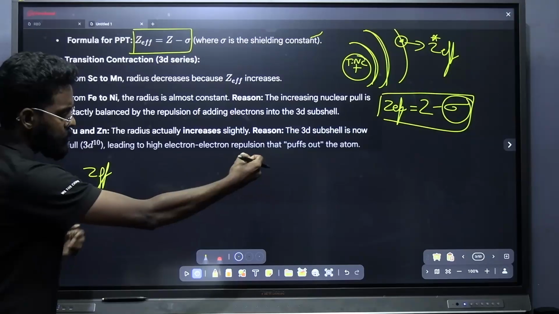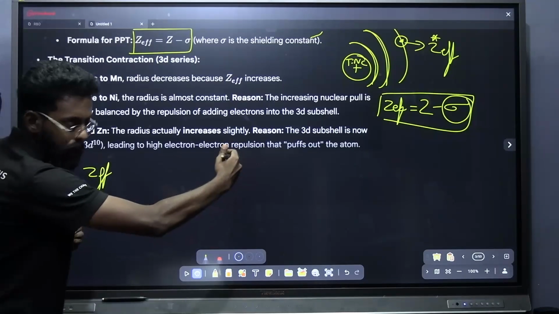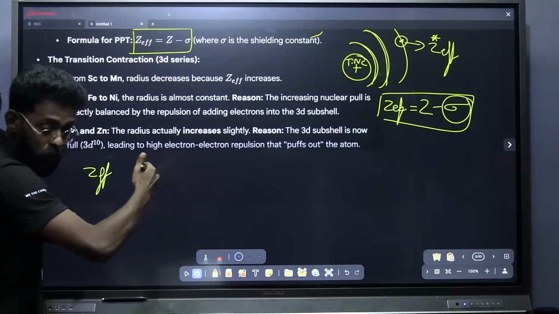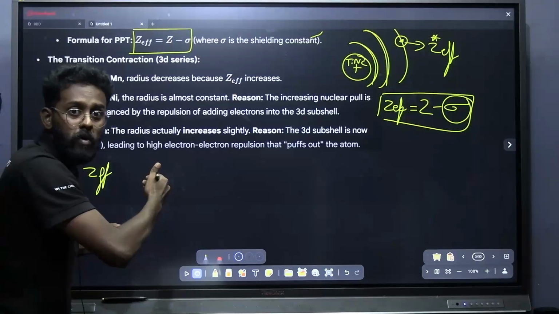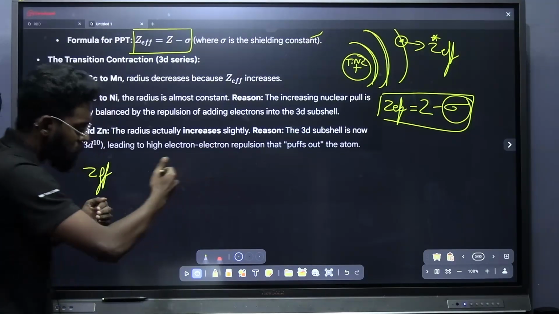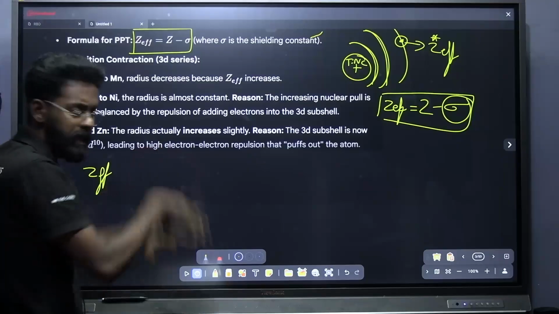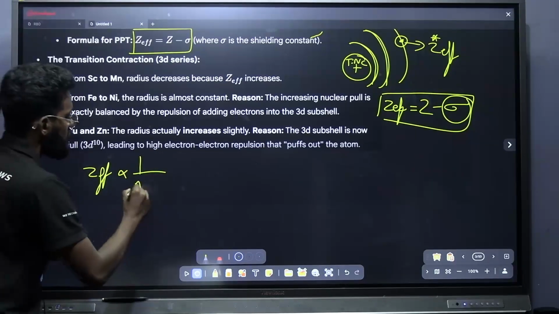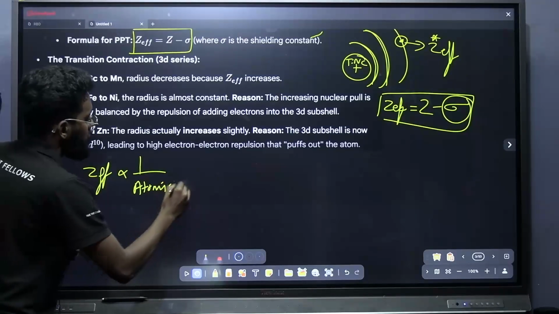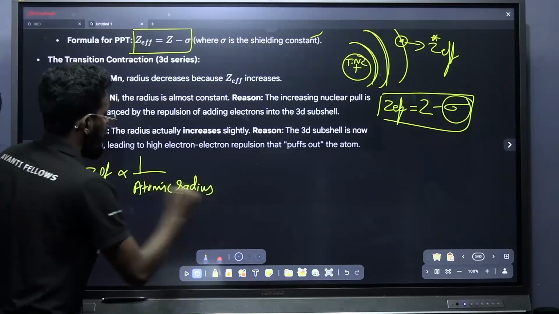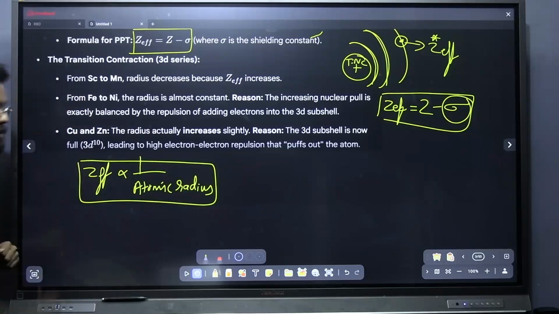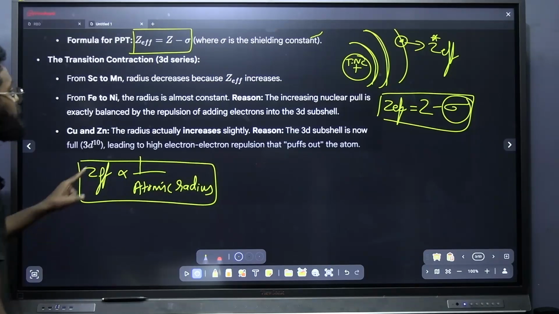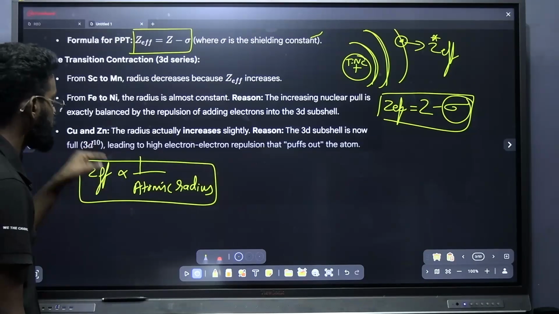The electron or the shell becomes closer to the nucleus, so the size decreases. So I can write: Z effective is inversely proportional to the atomic radius.